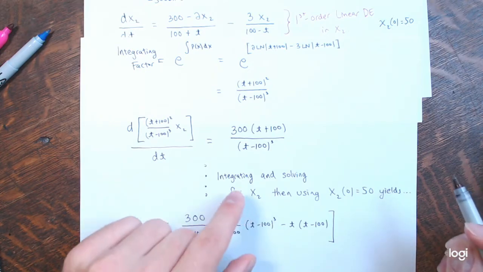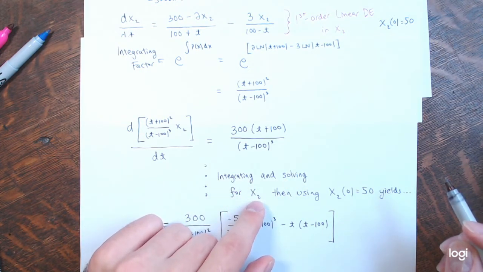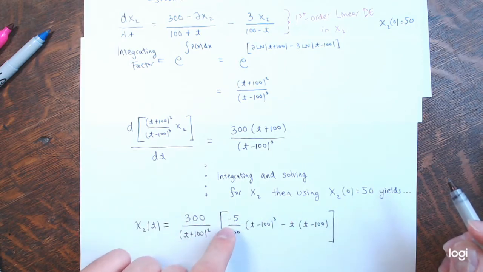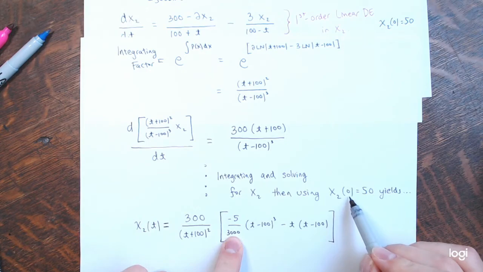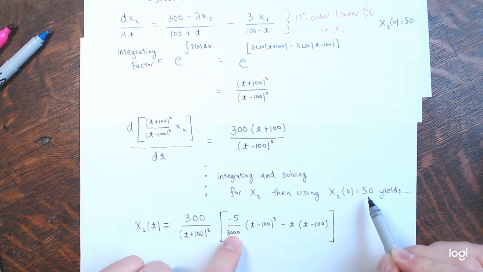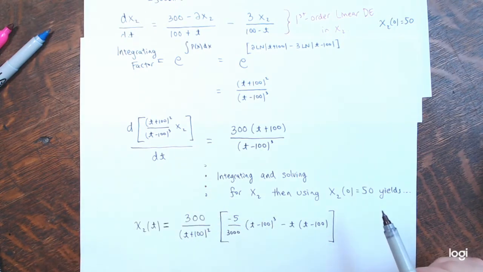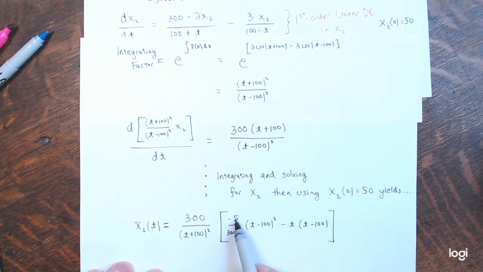So integrating and solving for x2, get x2 alone. Then you'll have some constant here, and using the fact that x2 at t equals 0 is 50, the value of that constant would be negative 5 over 3,000. You can simplify that if you want. x2 of t would be 300 divided by t plus 100 squared times this big quantity here, negative 5 over 3,000 times the quantity t minus 100 cubed minus t times the quantity t minus 100.